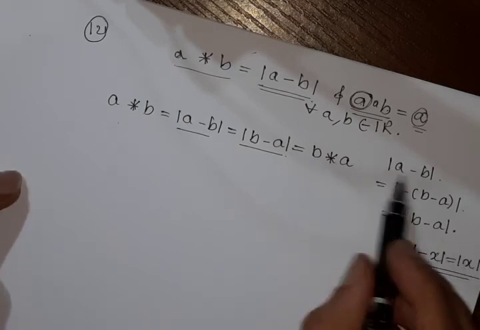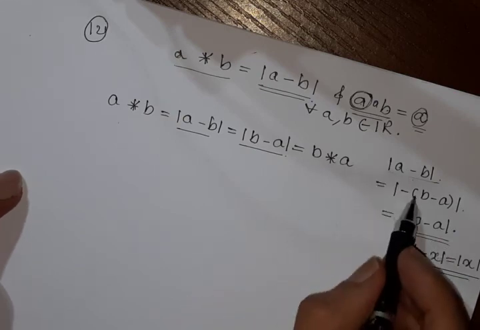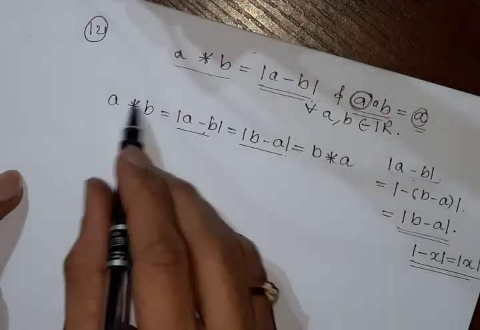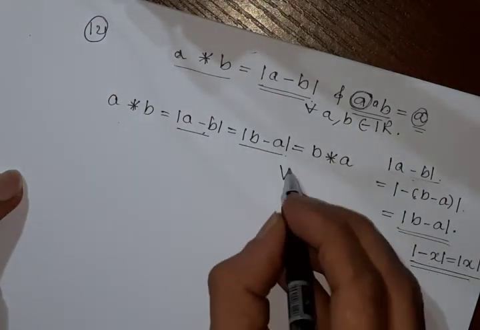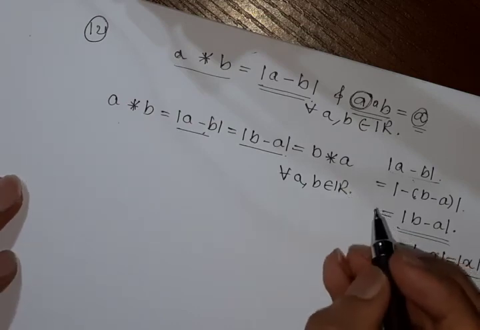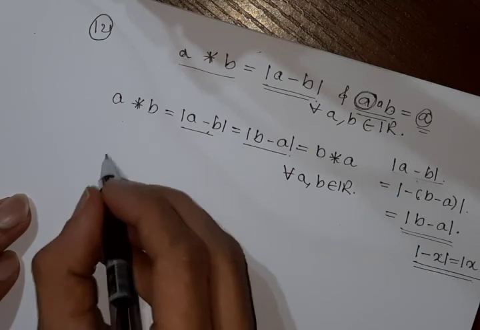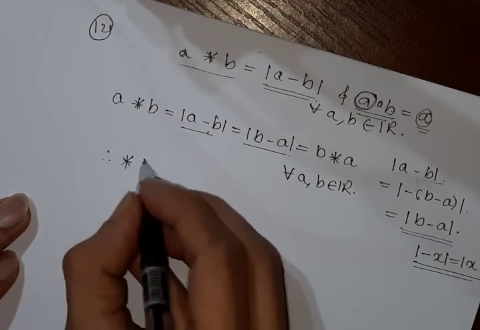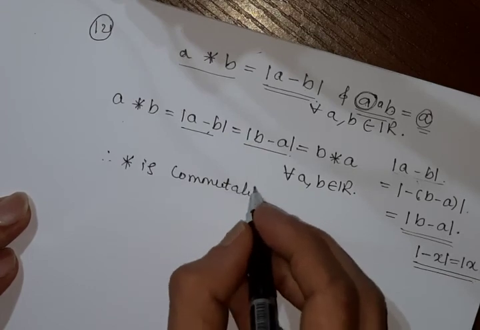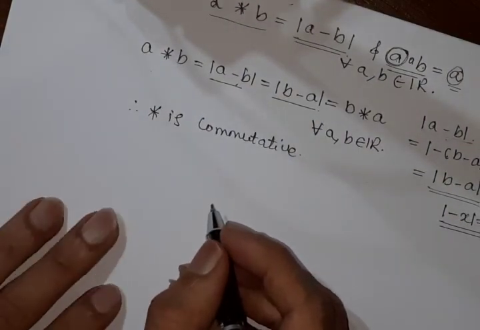Because of that, modulus of A minus B is equal to modulus of B minus A, therefore A star B is equal to B star A for all A, B belonging to the set of real numbers. Now therefore we get that star is commutative. Now let us prove that star is not associative.